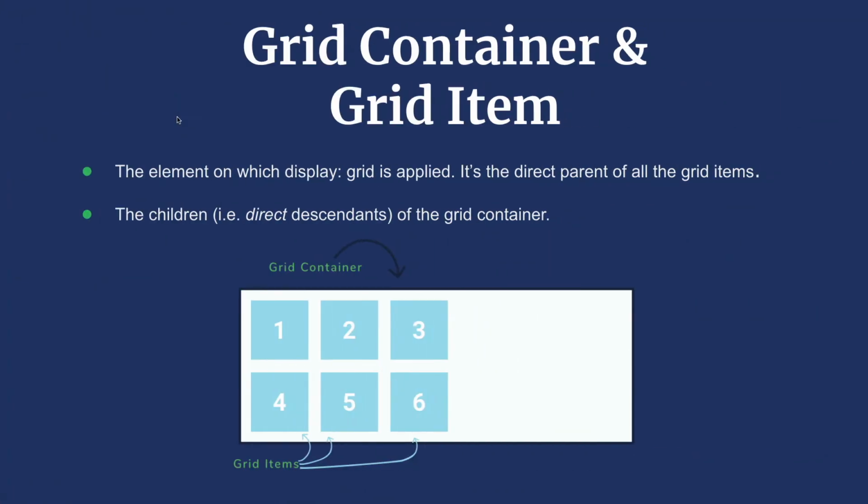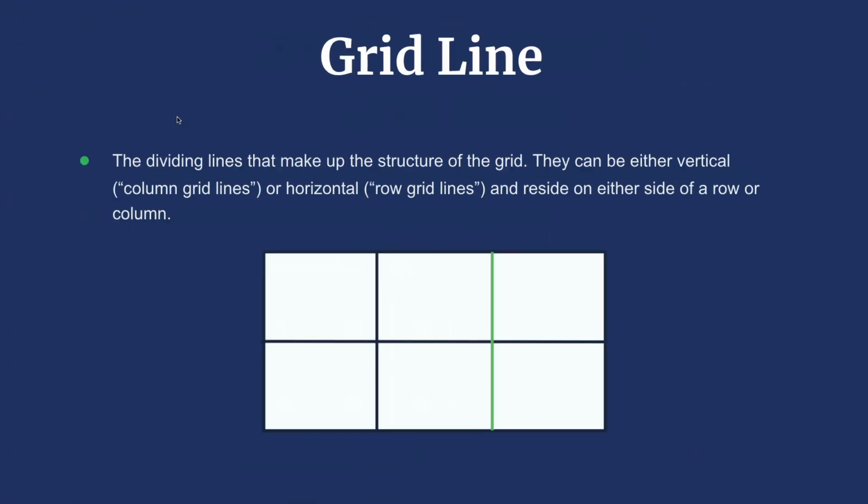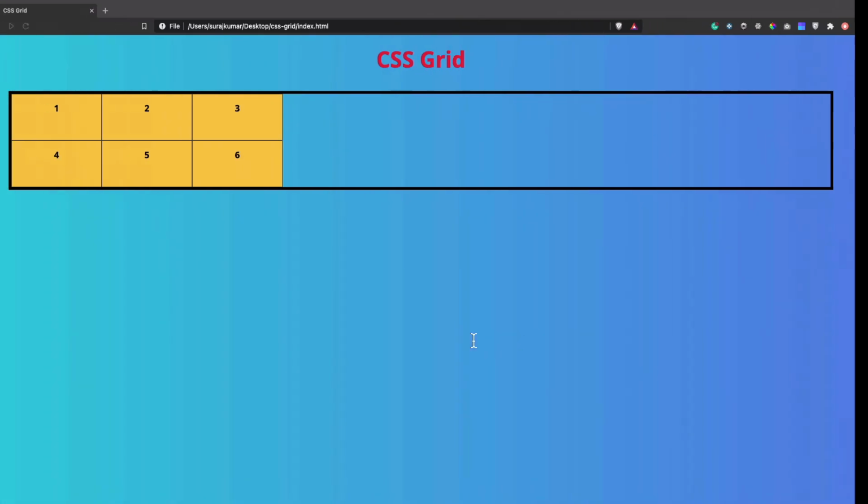After that, let's see what we have. That is the grid line, the dividing line that makes up the structure of the grid. They can be either vertical column grid lines or horizontal row grid lines, and reside on either side of the rows or columns. That is here. So these are our grid lines. These lines are arbitrary. You may not find them inside our page.